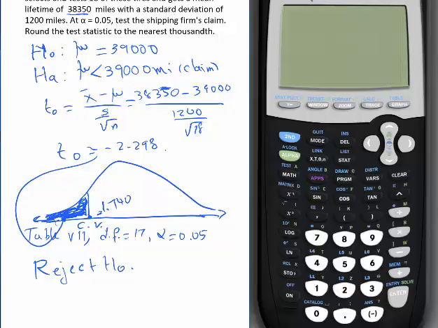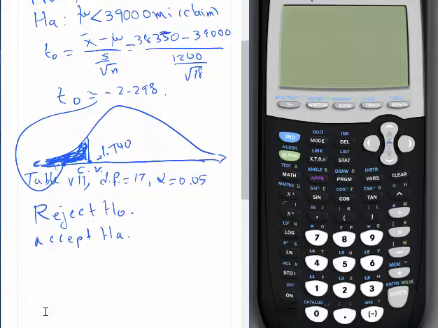Now we have to interpret our decision in the context of the claim. We rejected H0 and the claim is in HA, so we support HA, we accept HA. How do we write this down? Let me show you how we write this down.